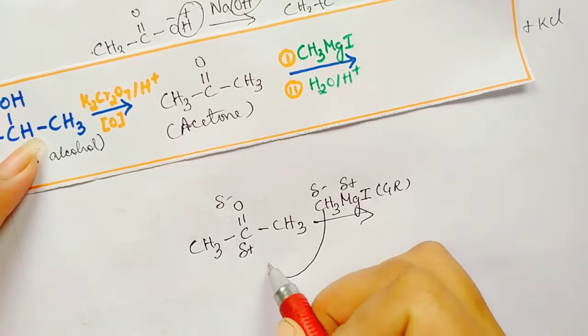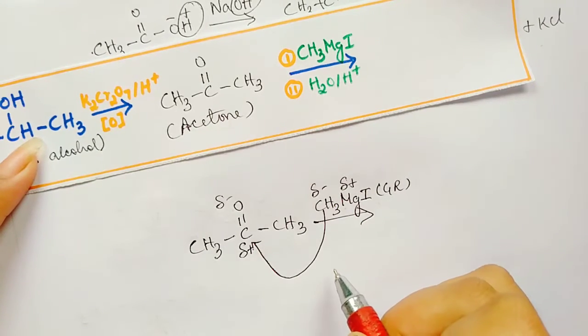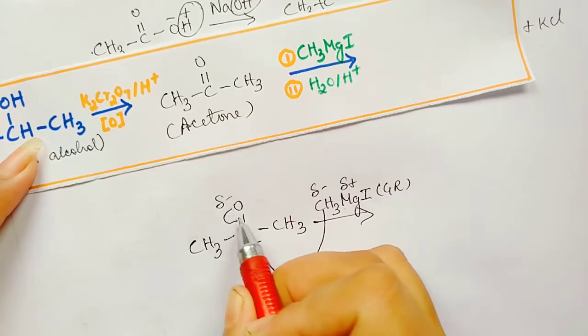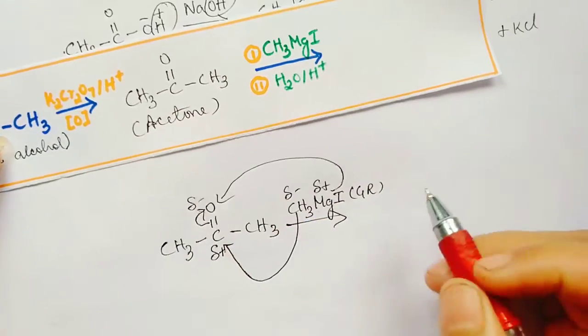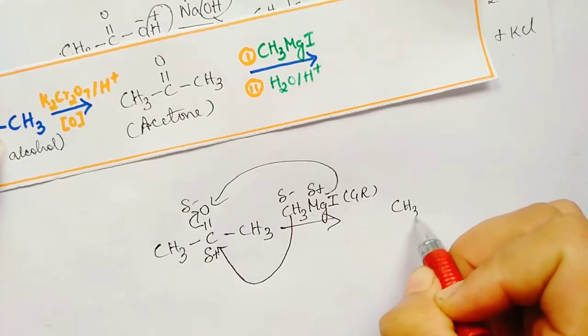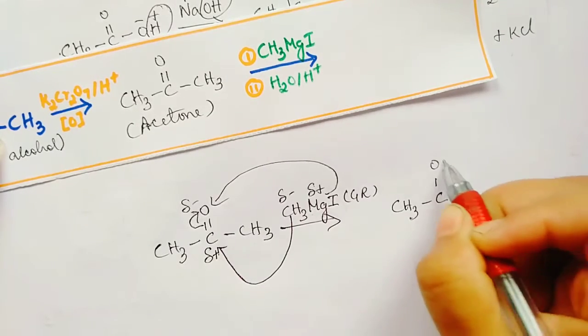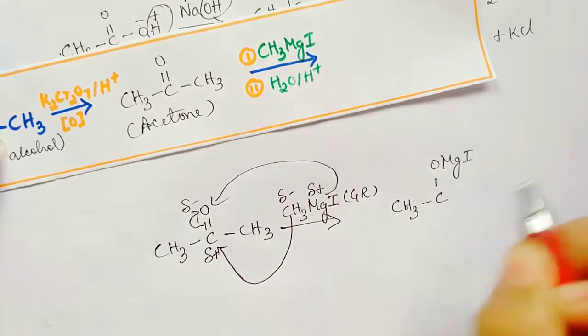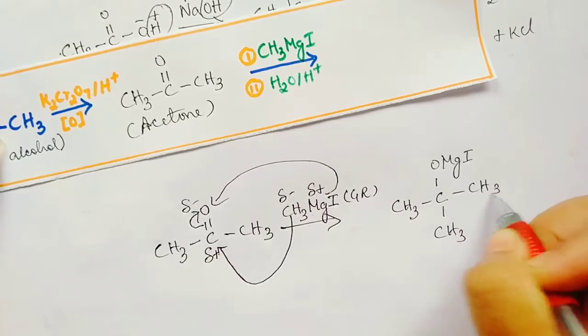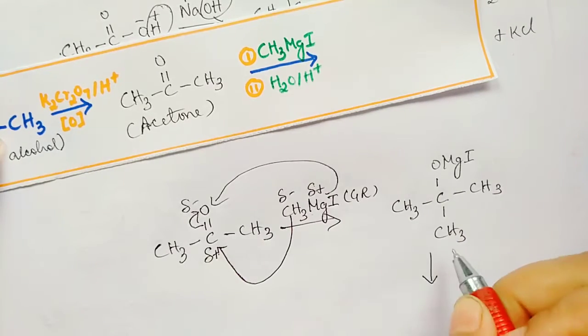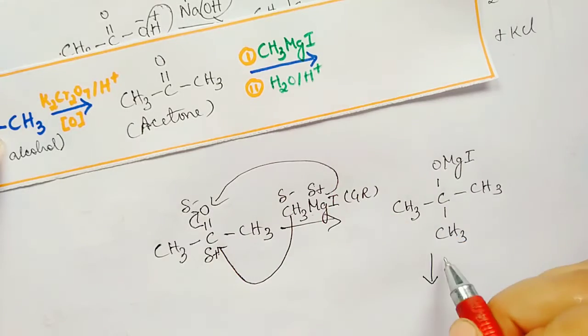This one goes to attack the partial positive carbon. The electrons from this bond shift here, and this one comes here. So we have CH3, COMgI, and then here CH3, CH3.